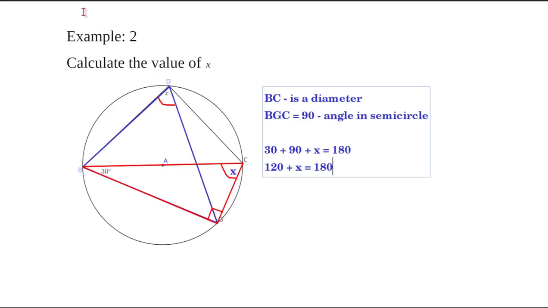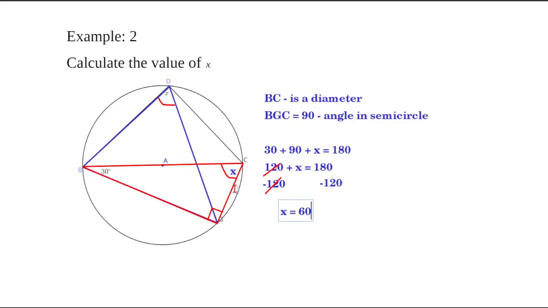Then let's subtract 120 on both sides of the equation. This 120 is cancelled out, so that on the left hand side we are left with just x equal to 180 minus 120. It's actually 60 degrees, which is the value of x.